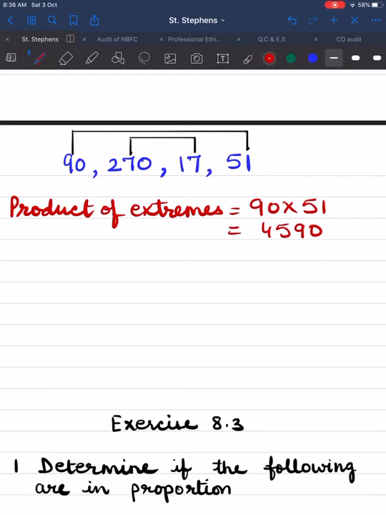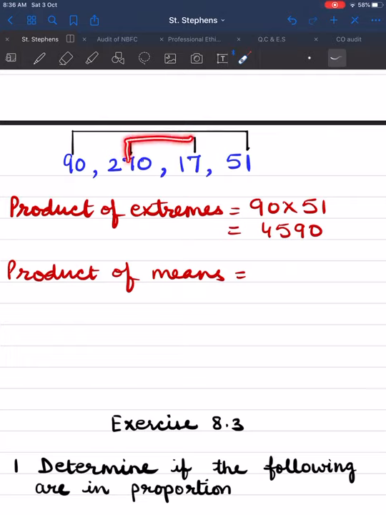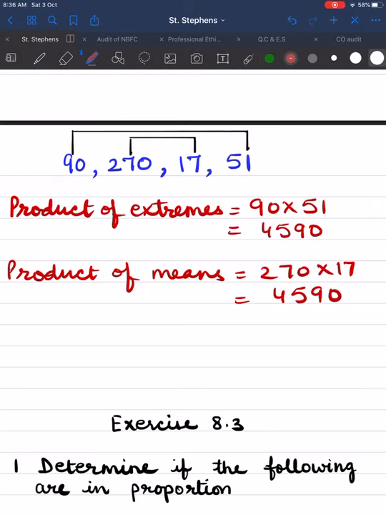Now for product of means, we have to multiply the second and third term. So we have 270 into 17 and we get 4590. Now here the product of extremes is equal to the product of means. So numbers are in proportion.